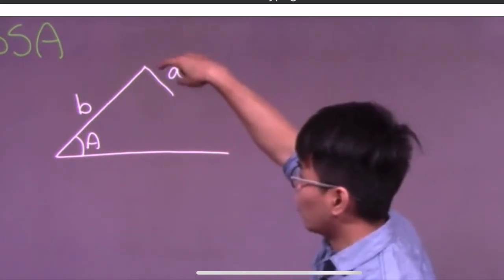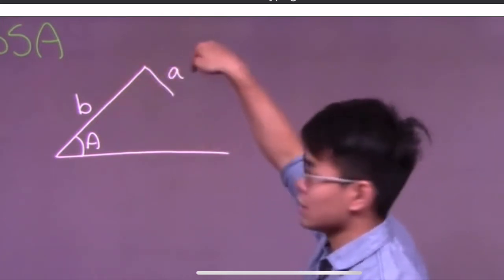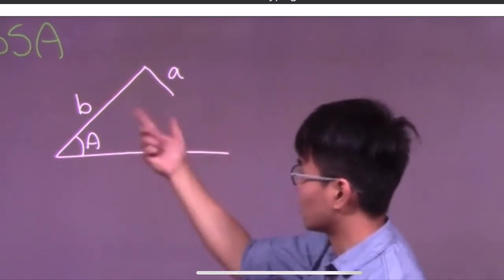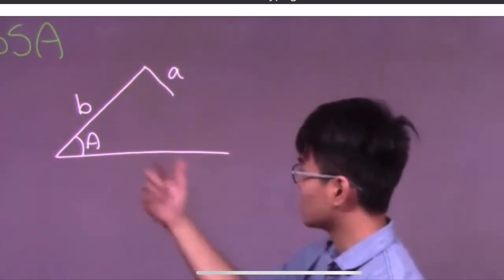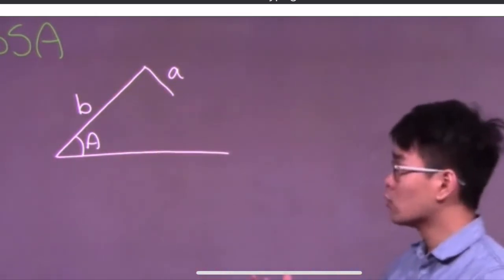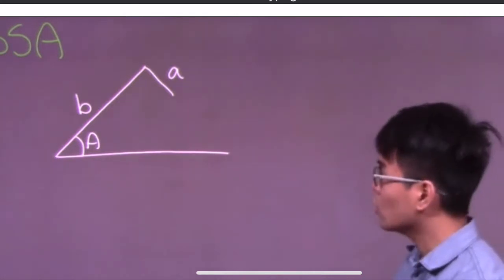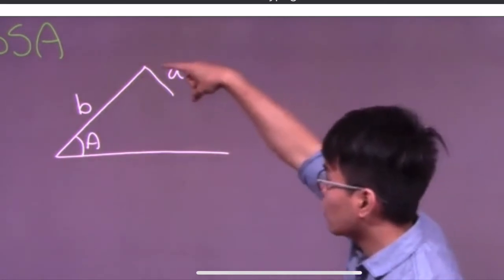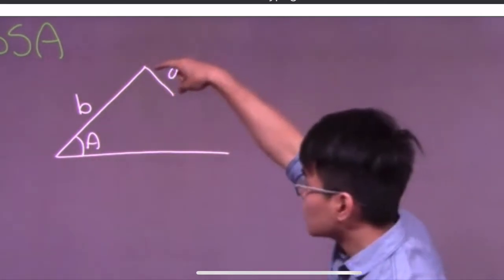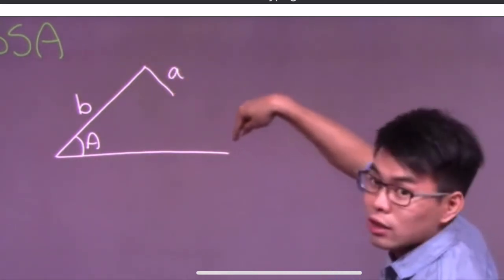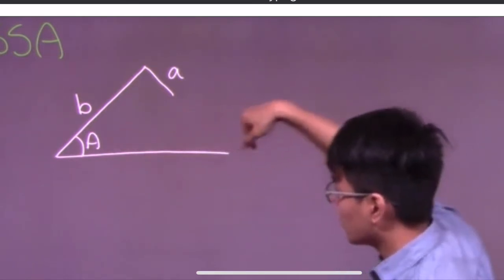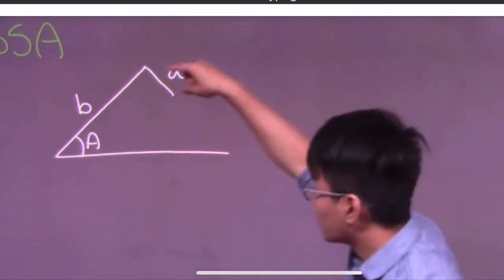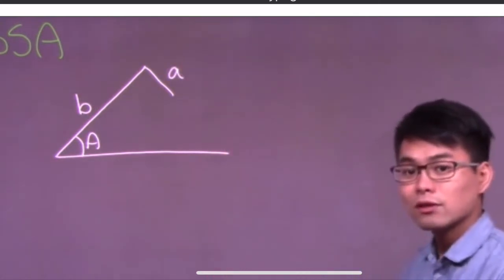Because the question only gives us the magnitudes of the lengths and the angle, without any diagram, we wouldn't know whether this side is long enough to touch the base of the triangle. It may not even form a triangle like this.